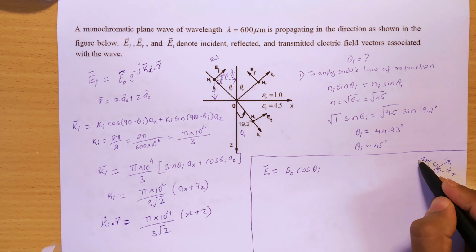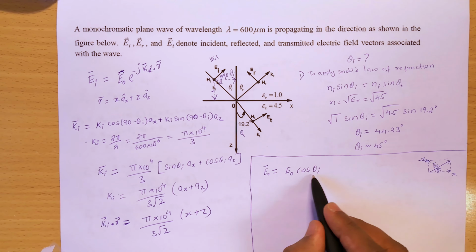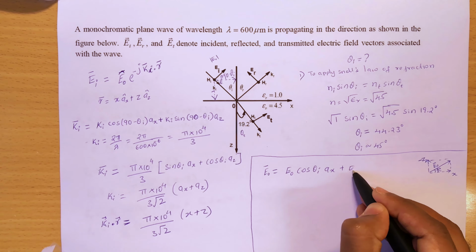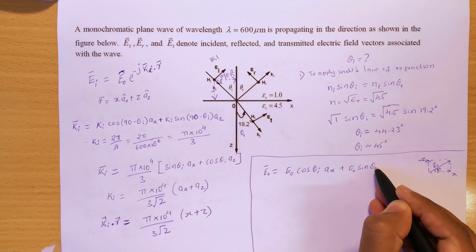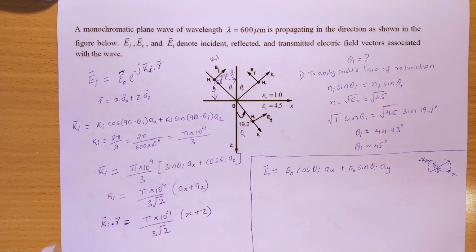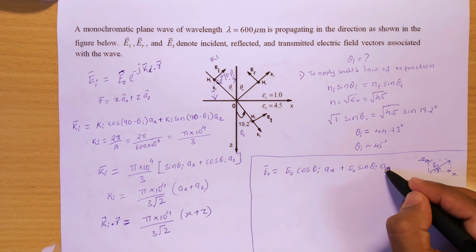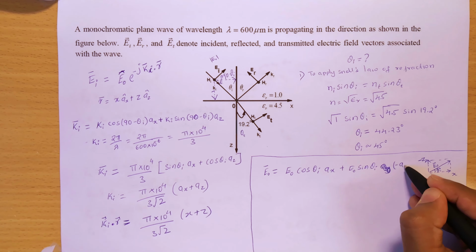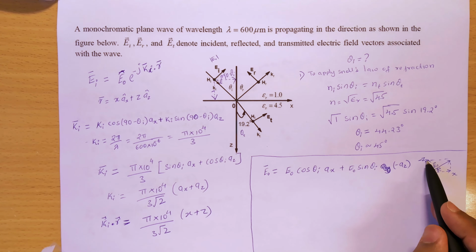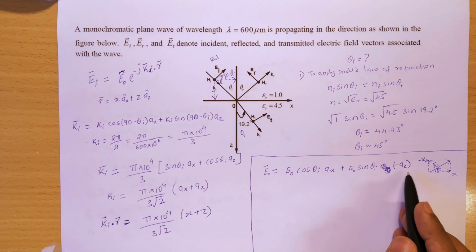So this is the negative z direction. So E naught cos theta I ax plus E naught sin theta I, sorry, az, minus az. Since this is in the positive x direction and this is in the negative z direction, we write it like this.